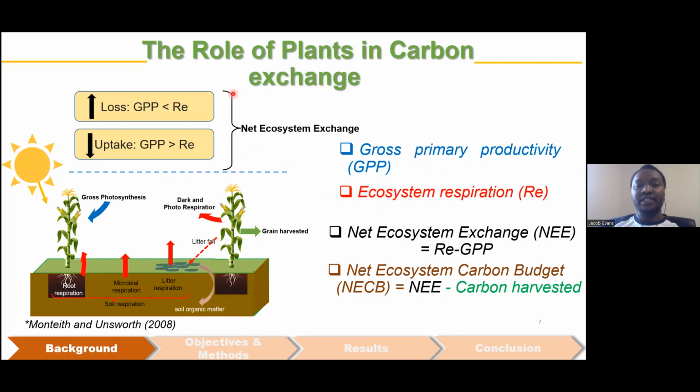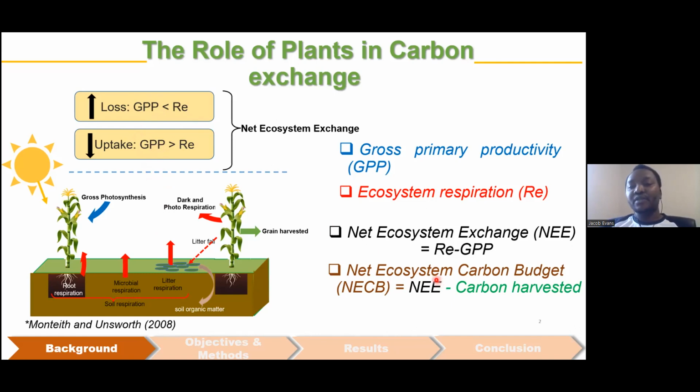This basically means that if we have a transfer of carbon out of the system, it's a loss, meaning respiration is larger than GPP, and vice versa. If we have a net transfer of carbon into the surface, it's a carbon gain.